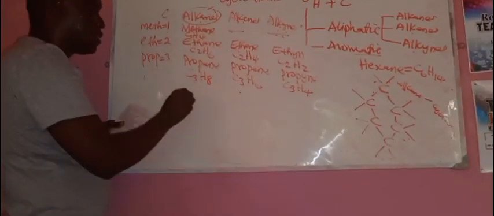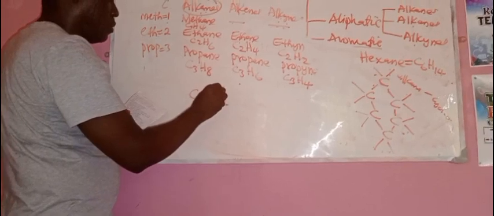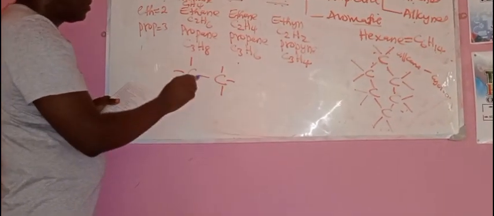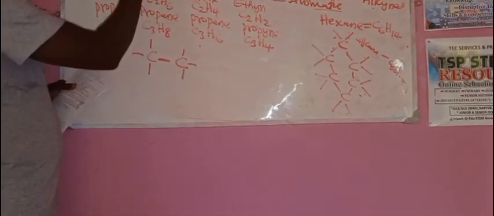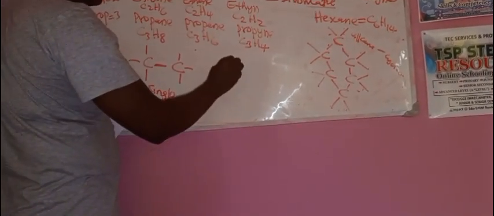For alkanes, for example, let's take ethane, 2 carbon. This is the structure. Single bonds all through. So alkanes is associated with single bonds. Ethene, 2 carbon, must have at least 1 double bond.